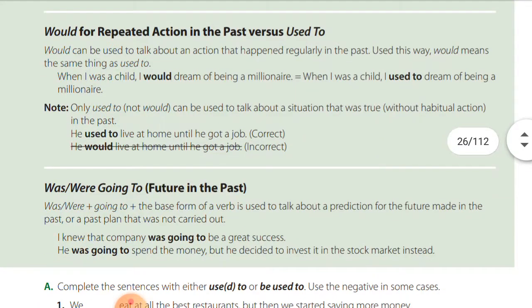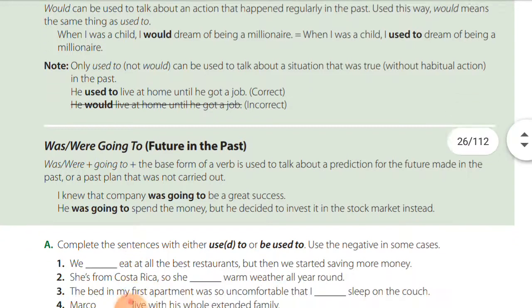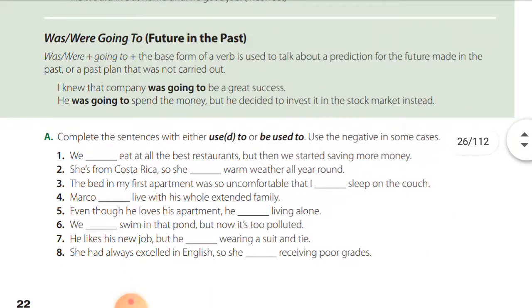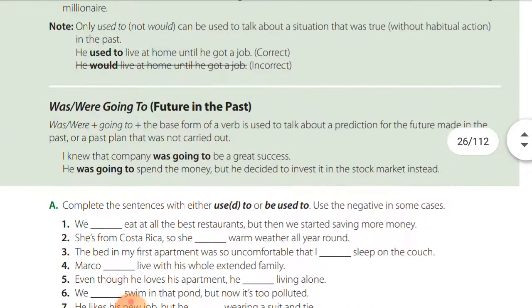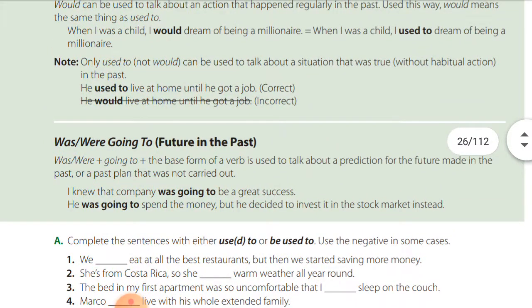We can also use would instead of used to to express actions in the past that happened regularly. Also, we can use was or were plus going to plus the base form to express actions that were about to happen in the past, but finally they didn't happen.